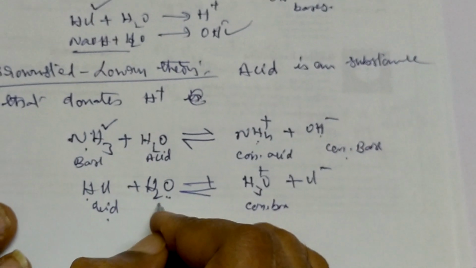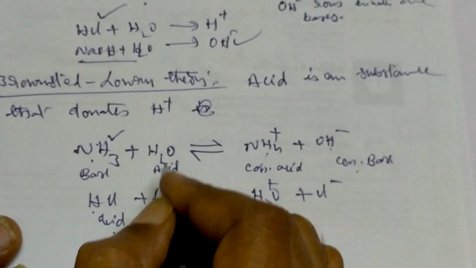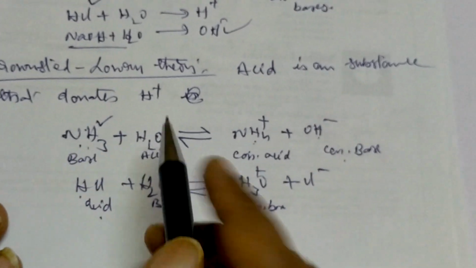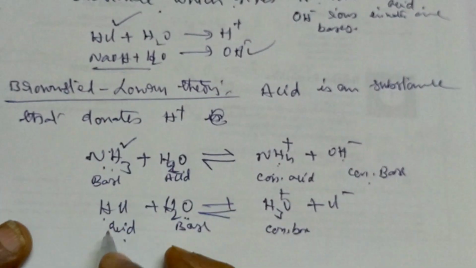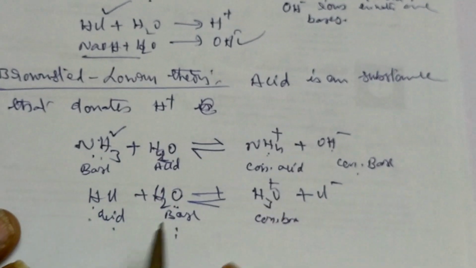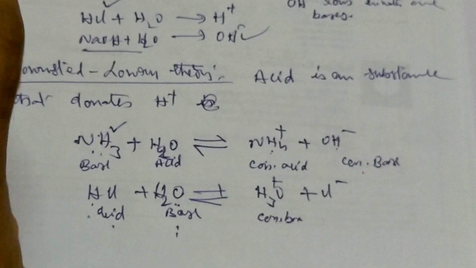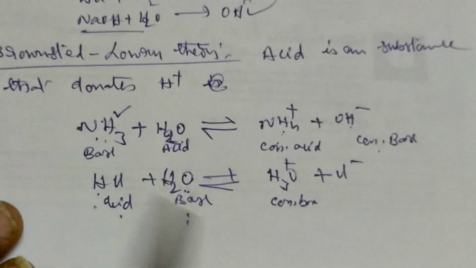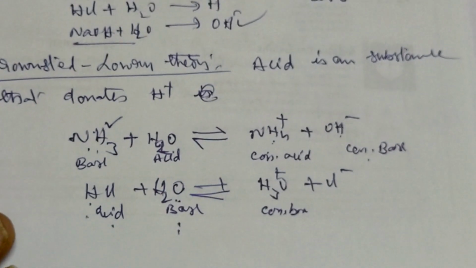And H2O is here a base. You see, in each case it is changing. In the ammonia case, H2O is an acid. In the HCl case, water is a base. So water acts sometimes as an acid, sometimes as a base.